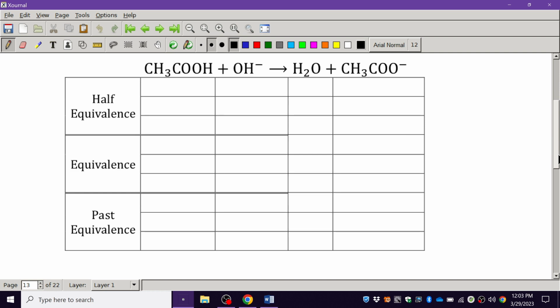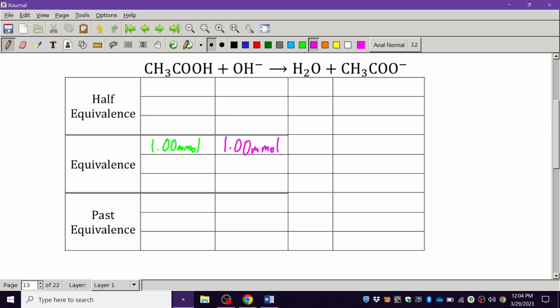All right, so what we can say then is just like with the strong acid, strong base titration curve, let's use different colors. If I start with 1 millimole of my acid, to reach equivalence, I have to add exactly the same quantity of hydroxide ion.